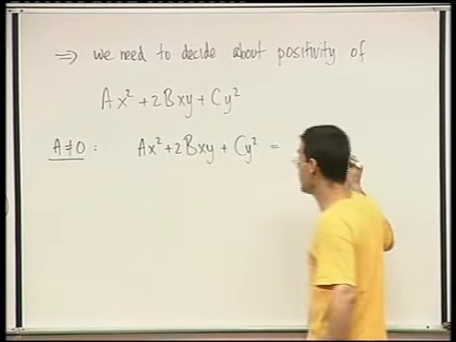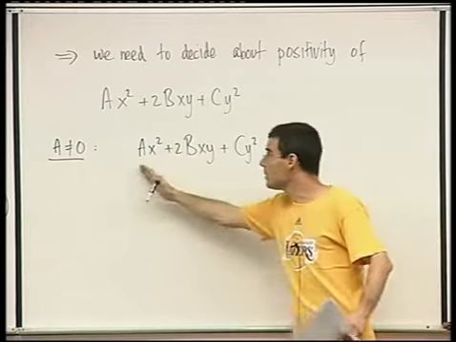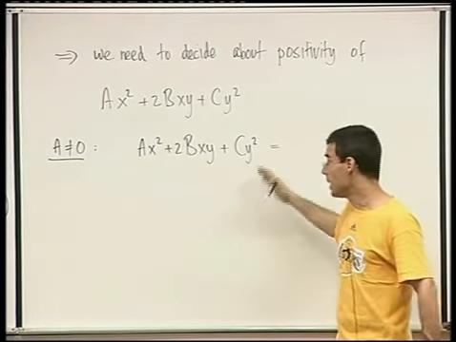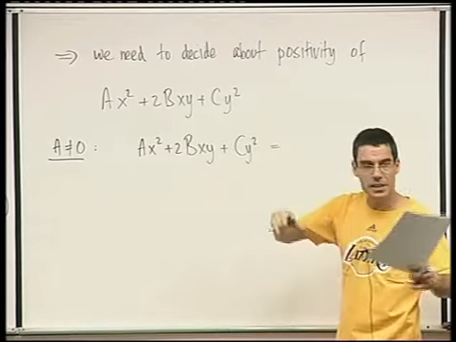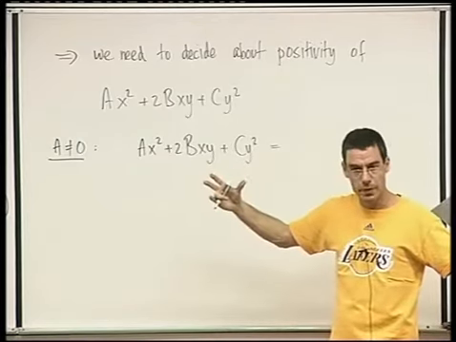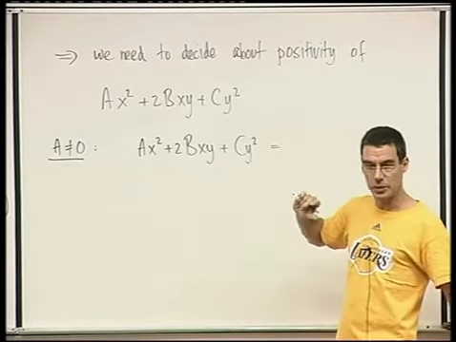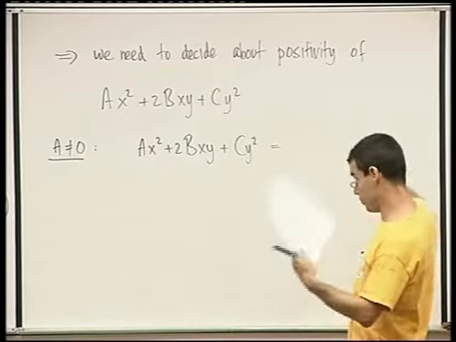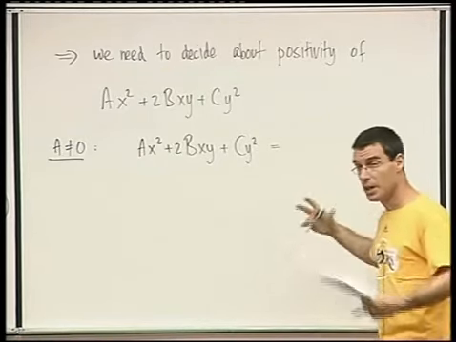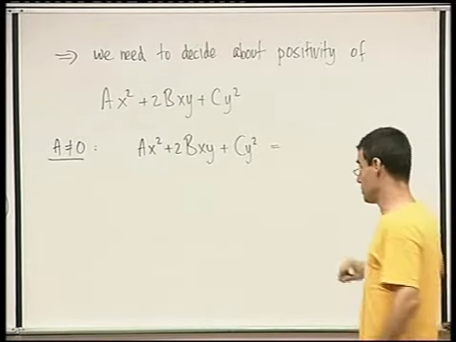It's going to look like I'm taking something nice and compact and making it a bit uglier, but there's a reason. That's what's going to reveal the conditions that determine whether it's positive or negative.